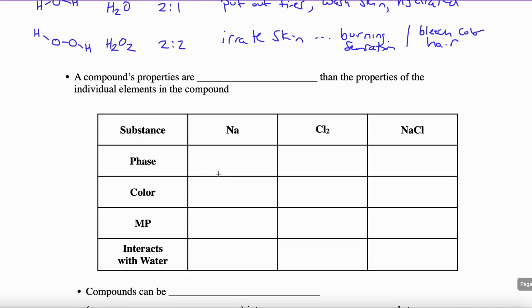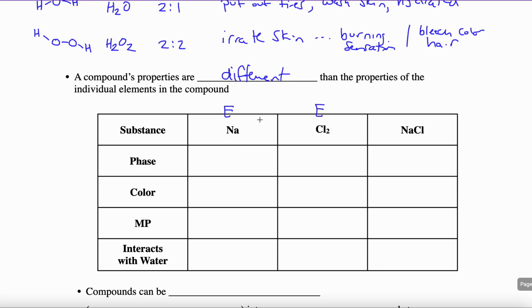Okay, so moving on, another characteristic of compounds. So a compound's properties are different than the properties of the individual elements in the compound. So take a look. We have an element, Na. We have another element, Cl.